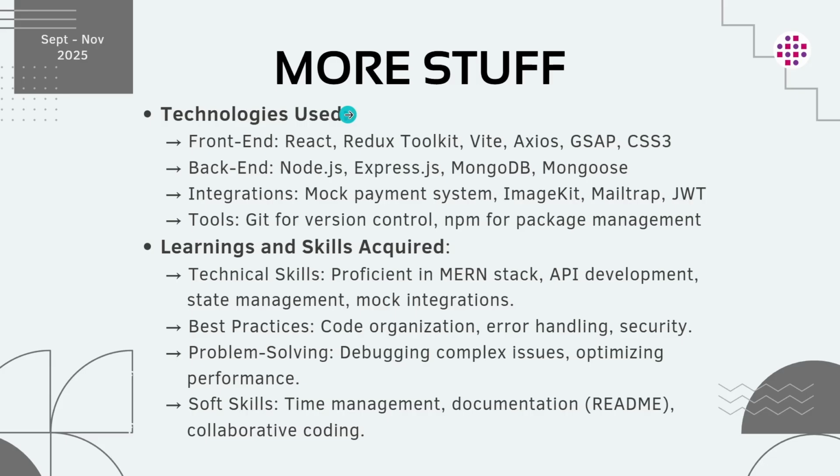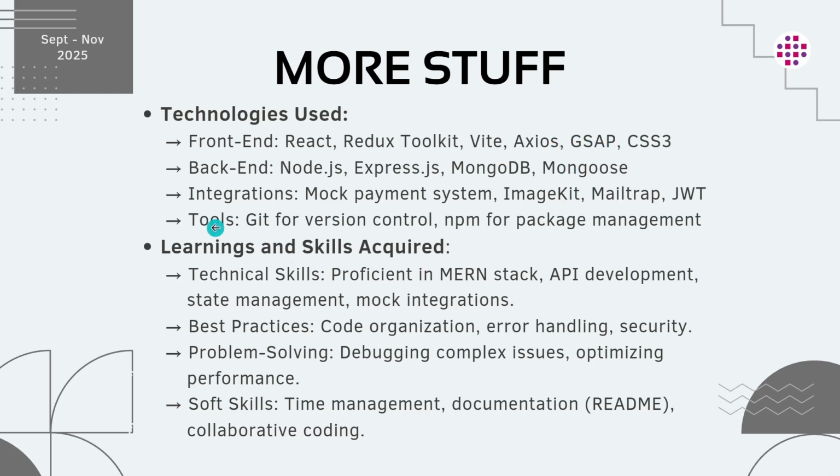Yeah, now regarding the technology, the frontend includes React, Redux Toolkit, Vite, Axios, GSAP, and CSS3 that I talked about earlier. Same goes with the backend: Node.js, Express, MongoDB, and Mongoose. MongoDB is the database that we used, and Mongoose is the ODM kind of thing, because MongoDB is the main storage, and to interact with the storage we use Mongoose.